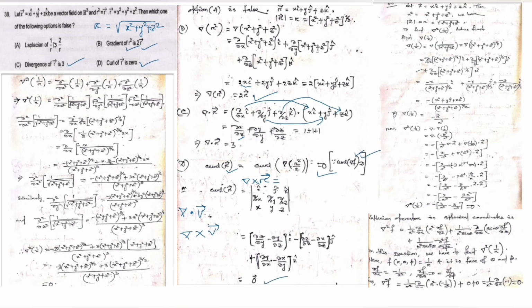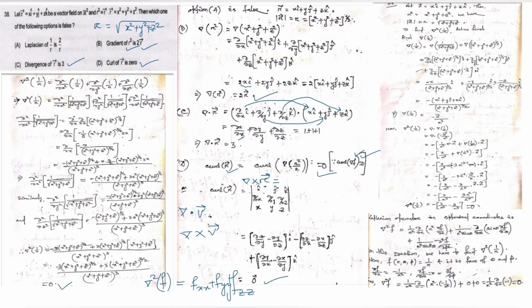If we calculate the Laplacian of 1 by r, that is Laplacian of x square plus y square plus z square to the power minus half, we get 0. For any differentiable function f, its Laplacian is fxx plus fyy plus fzz.